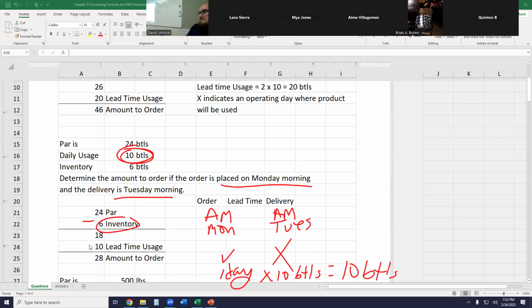And then we would just order the par and not the actual overage. So mathematically, this is our answer, which is great, but you have to realize that in the real world, I wouldn't order more than my par just because the math tells me to. You have to be able to apply it.